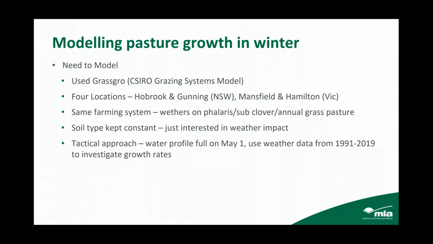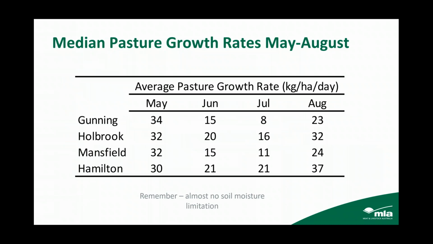I'm going to show you that data now. So here it is, and it's much more than I thought it would be. This is the average pasture growth rate for each of those months, and this is the median through all the years, and I haven't put the years there, which is slack of me. It's 1991 to 2019.